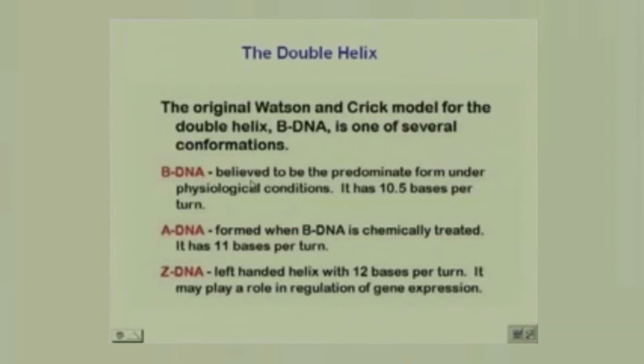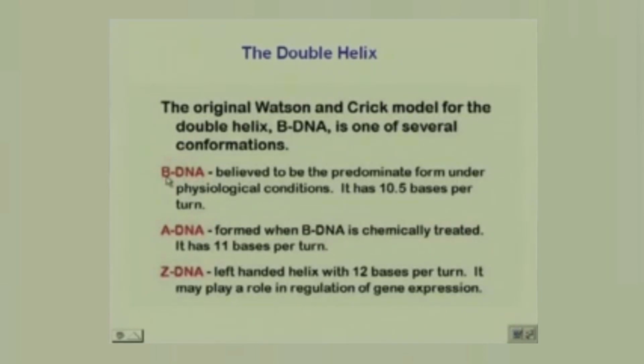Now there are 3 types of DNA. The original Watson and Crick model, which just completed 50 years, was first discovered in 1953, and the paper is available on the net, where you can look at the original paper of Watson and Crick that came out in Nature.